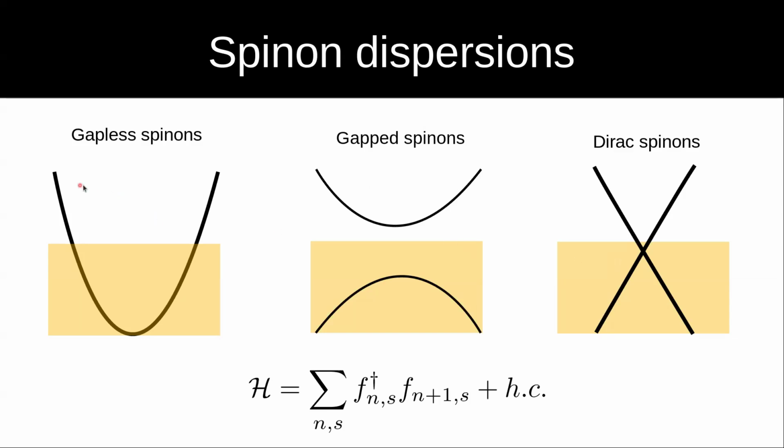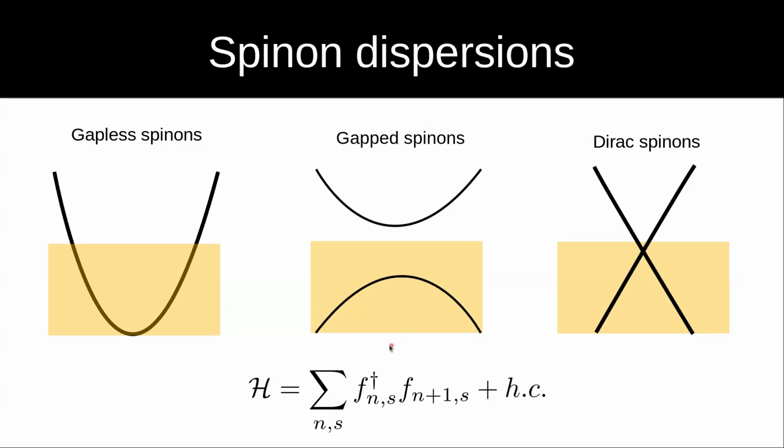So we can have gapless spinons. So we can think that there is a dispersion for the spinons, and our zero energy falls somewhere where we have a branch of spinons. And in this case, our system would be gapless. This is, for example, the case of the Heisenberg model that has a uniform exchange coupling.